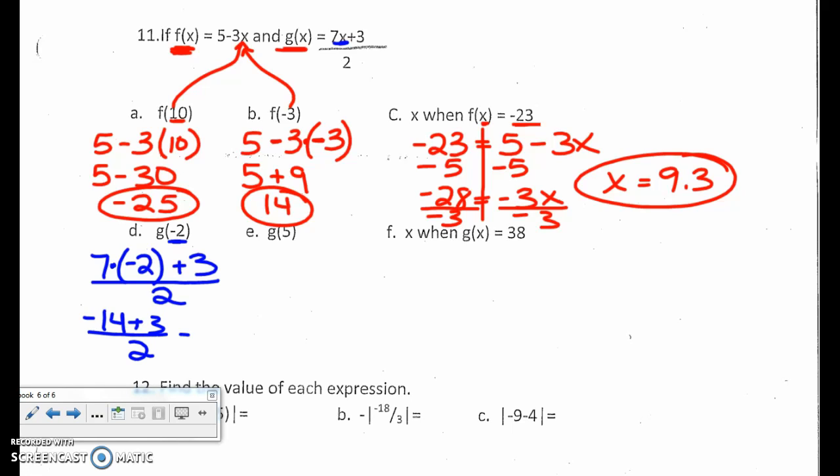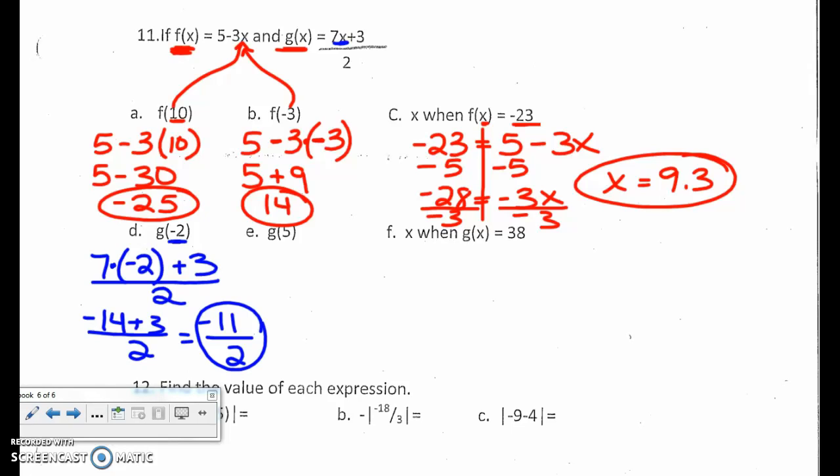I do my numerator first, so I have negative 14 plus 3. So I get negative 11 divided by 2. You can leave that as your final answer, or if you found the decimal, that's fine too.